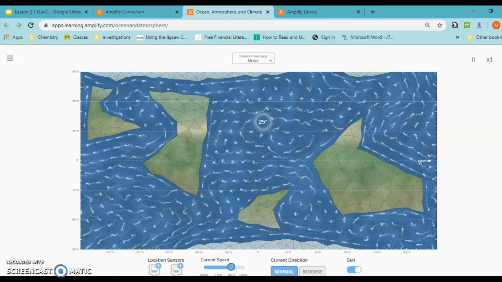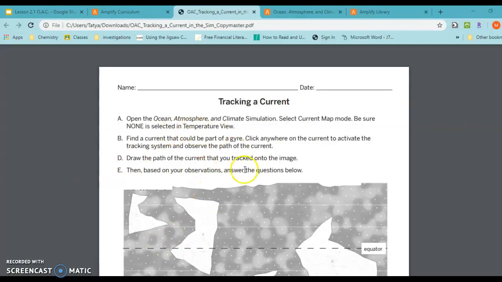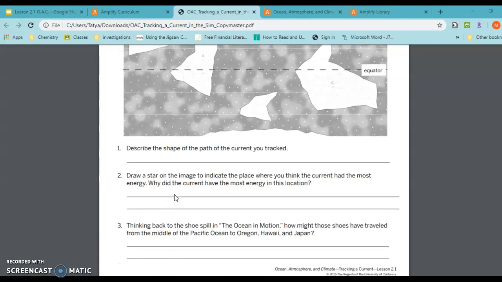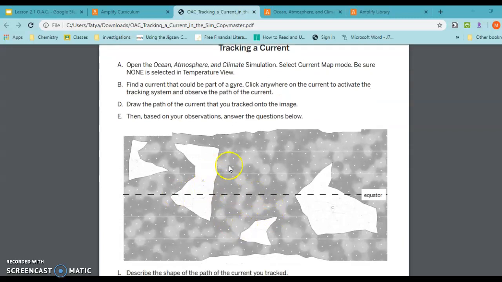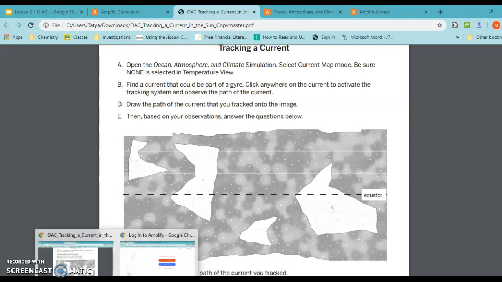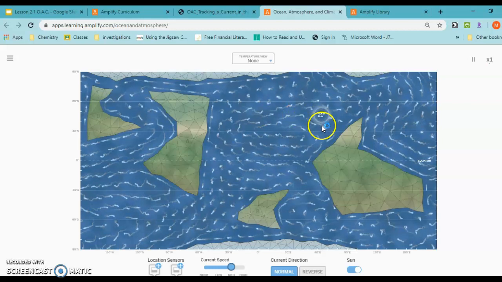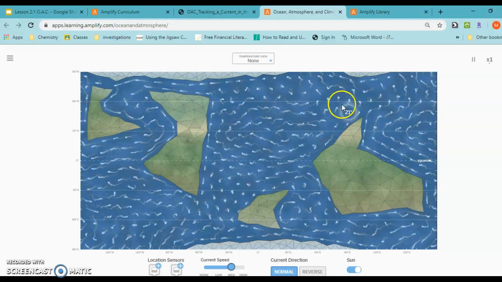So let me pause here so you guys can see what that looks like for you. So you have this sheet and you can open it either in Google Docs or you can use a PDF editor like Miss Jackson is doing now. And what you're going to do is you're going to draw the path that you traced on this sheet. So if you look, Miss Jackson is going to go back to her path, and we're looking and we're seeing how that current is kind of moving in a circle and going up and down and around, right?